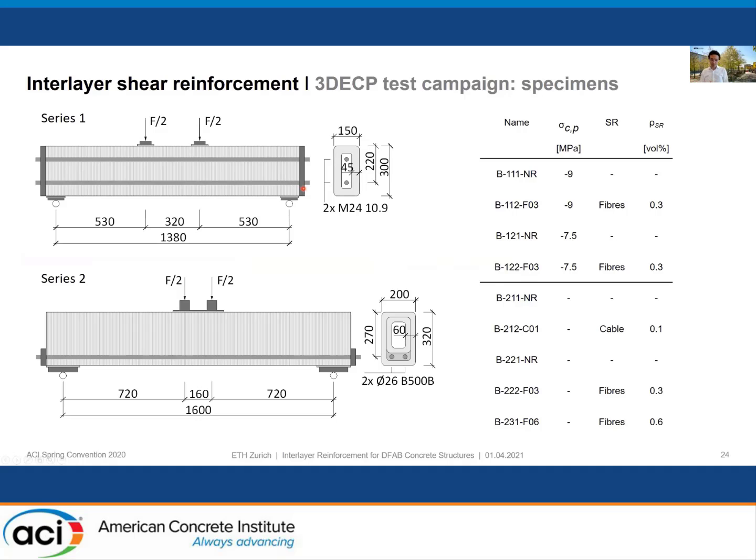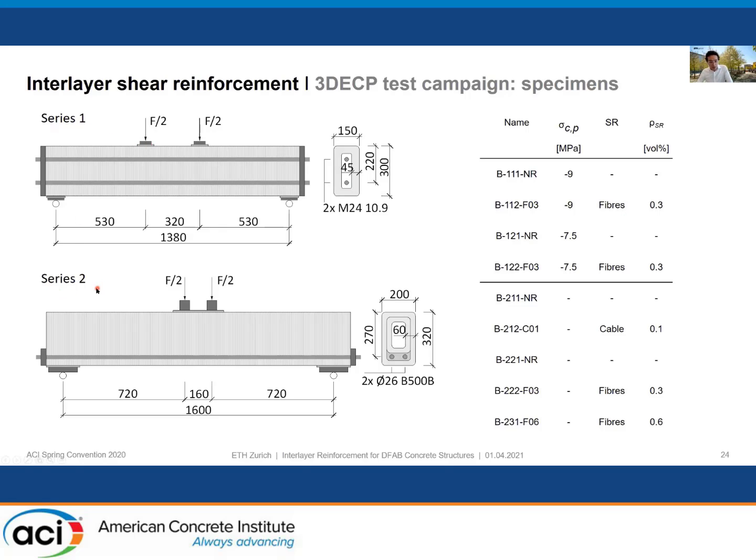Since we don't have bond in the longitudinal reinforcement, as soon as we have decompression of the cross-section and the first bending crack appears, all the deformations concentrate in this bending crack. So we cannot have a ductile behavior in such a structure, even though putting in fibers gives some toughness.